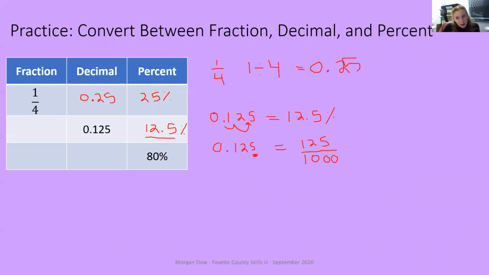Well, 5 is a common factor. You might know that if you notice that both of these numbers end in either a 5 or a 0. So numbers that end in 5 or 0 are divisible by 5. If you look at your times table and you look down the 5s column, you'll see that the numbers kind of alternate 5, 0, 5, 0, 5, 0.